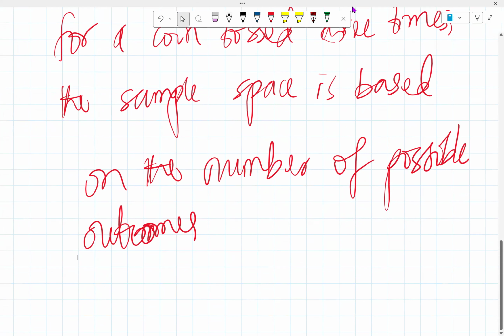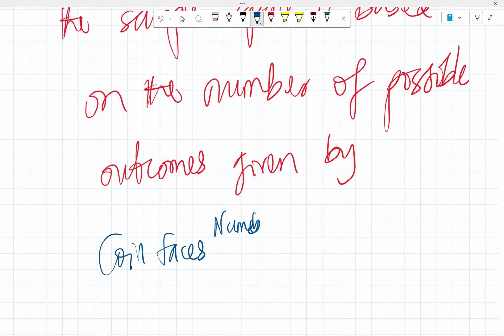The number of possible outcomes is given by the number of coin faces raised to the power of the number of tosses.